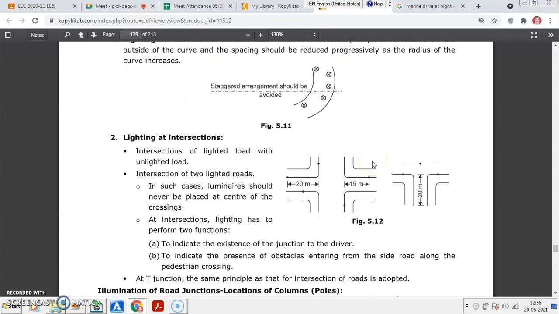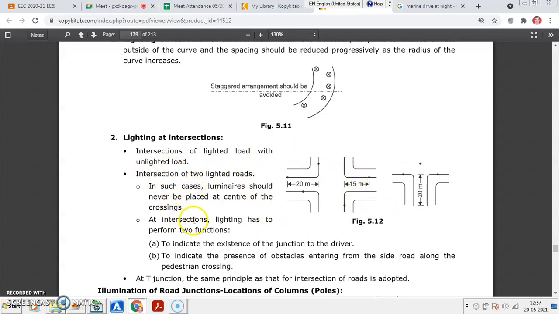Any doubt? So lighting at intersections. Intersections means your crossings. Intersections of roads should not be left unlighted. If you leave them unlighted, definitely you will have a problem.